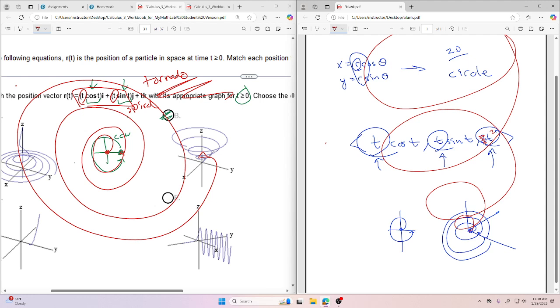Another one. What if I didn't have t squared? What if I had e to the t? Even more. What if I had e to the negative t? So it would get smaller and smaller. Spiral.